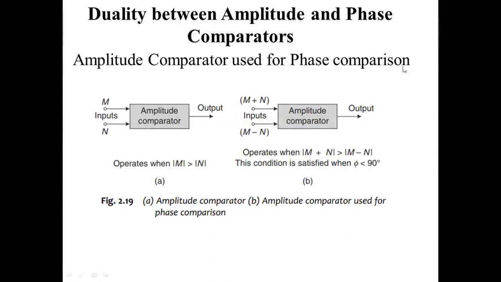So what is the concept? How is the amplitude comparator used as a phase comparator? By definition, the amplitude comparator only compares amplitude irrespective of phase, and the phase comparator only compares phase irrespective of amplitude. But the duality between amplitude and phase comparator is a technique used for both amplitude as well as phase comparison.